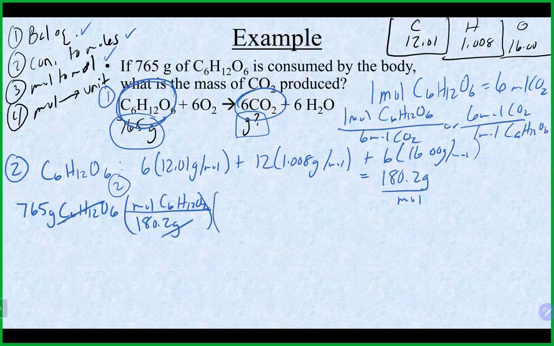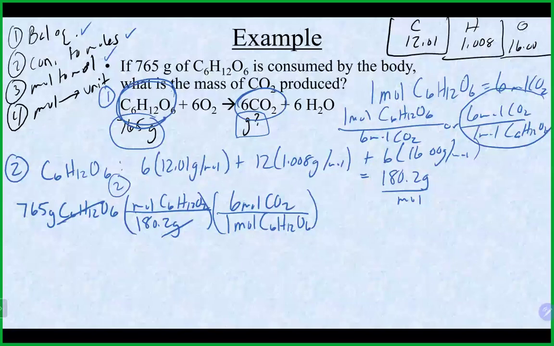Once again, if I set it up like this, I can see the C6H12O6 is on top. So we do want to use the conversion on the right here, which puts it in the opposite location on the bottom. So from the equation, 1 mole of C6H12O6 and 6 moles of CO2. Again, top and bottom are going to cancel, and that's really step number 3 there of our process.